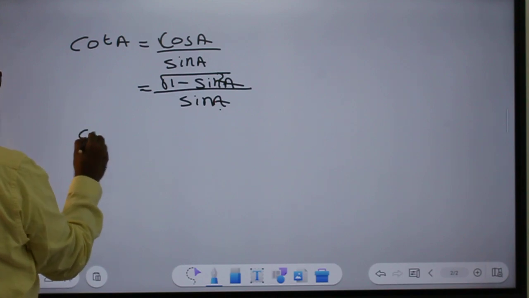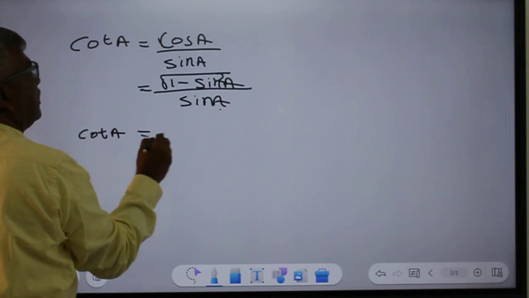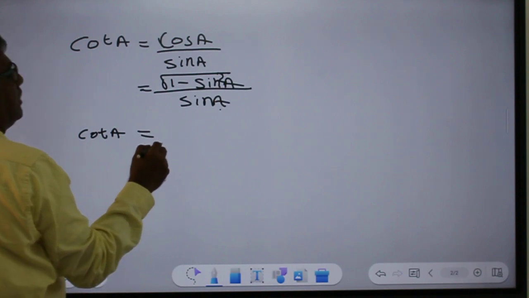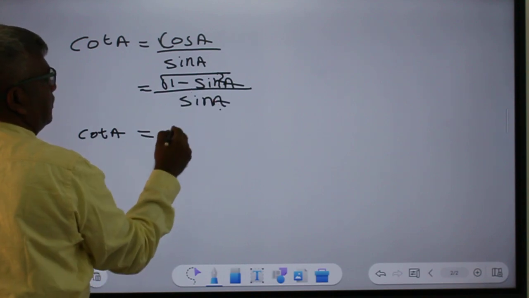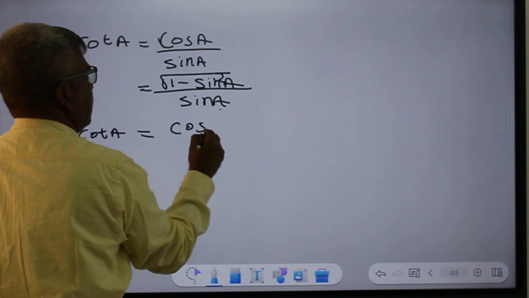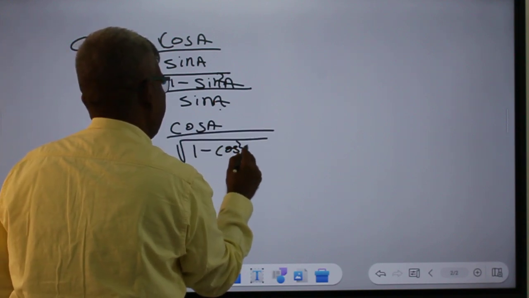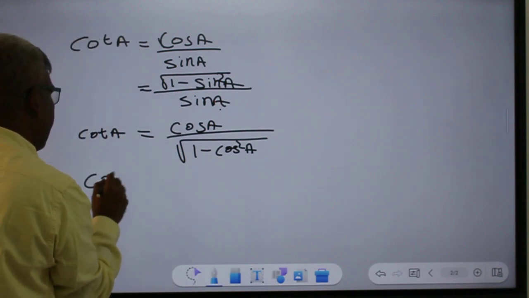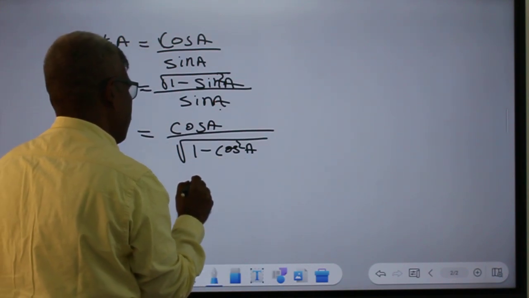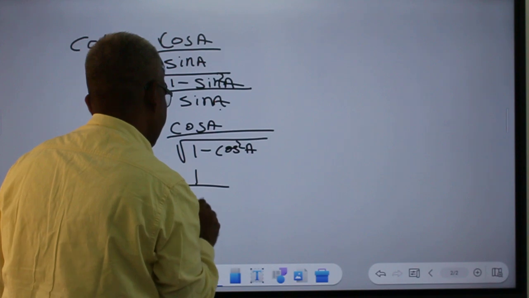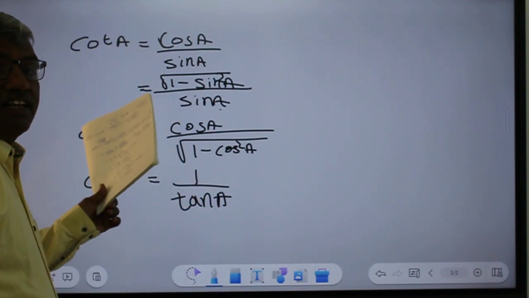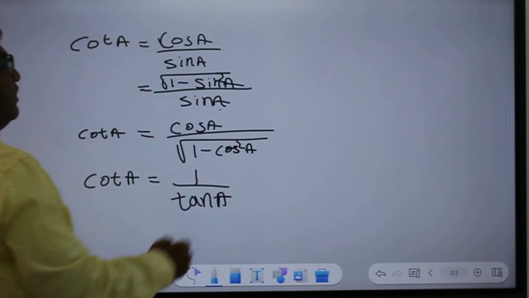Then cot A is cos A over the square root of 1 minus cos squared A. Cot A is 1 over tan A.